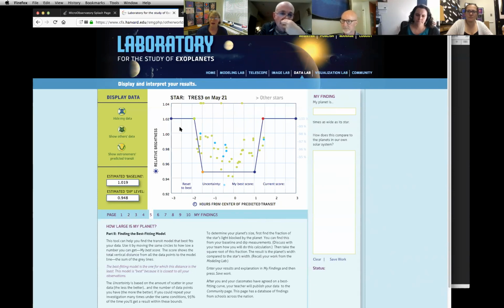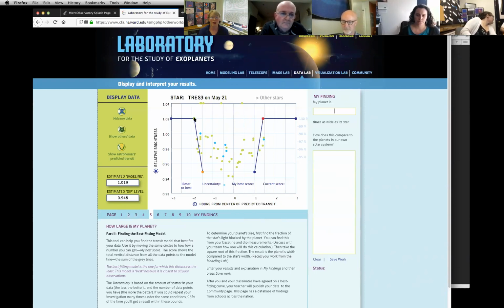This is a simple modeling tool based on physics, our idea that the star has a baseline brightness. There's a period of time during which the planet is passing over the star, so it's getting dimmer and dimmer and dimmer. There's a dip value, which is when the planet is fully over the star, and then rising.